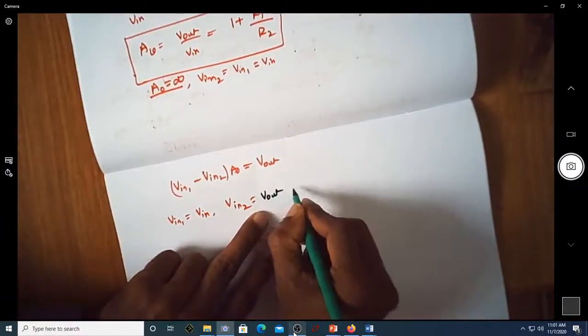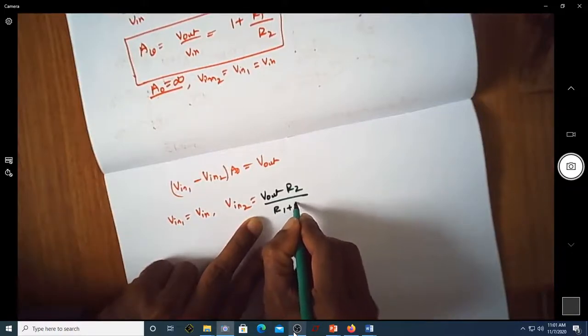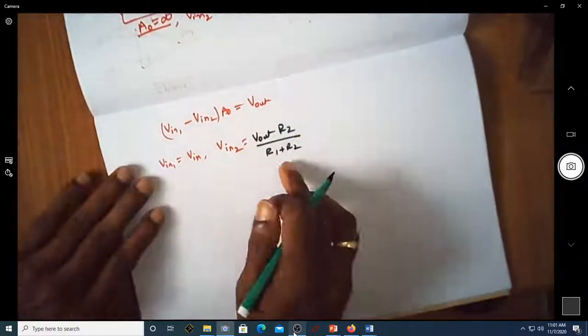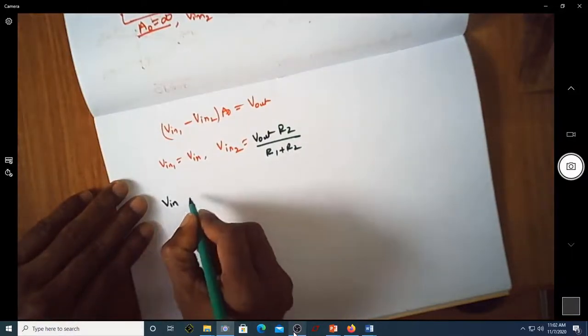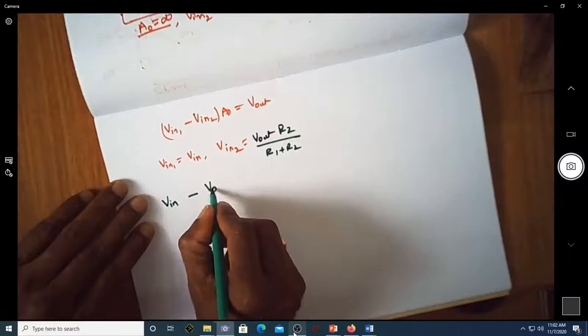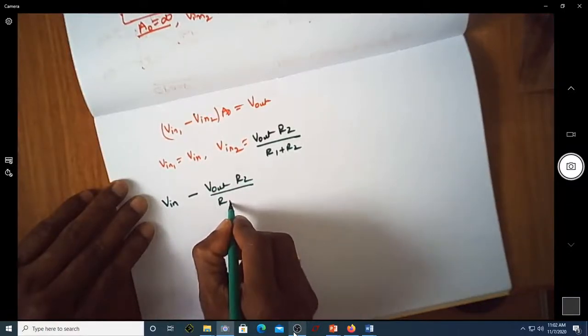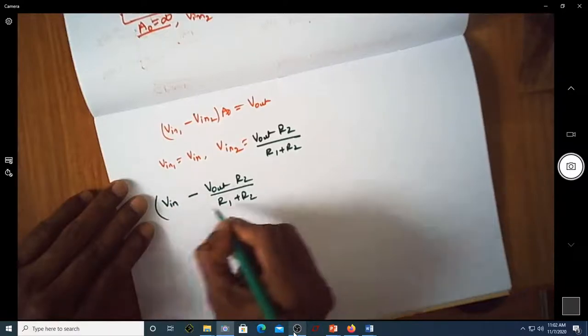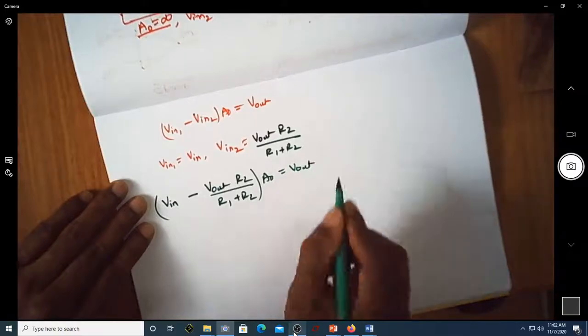So let us substitute all these values and then try to find out: V in minus V out R2 by R1 plus R2, whole multiplied by A0, is equal to V out.